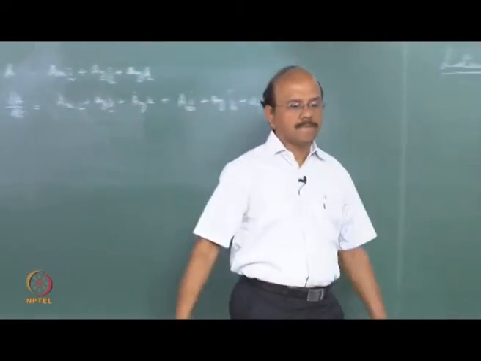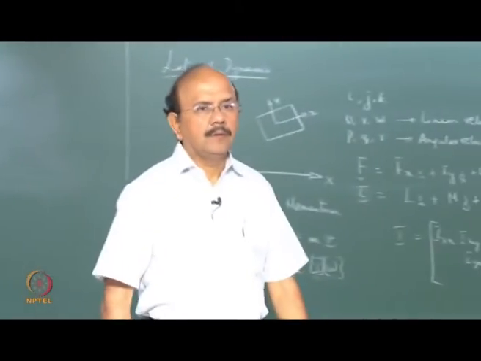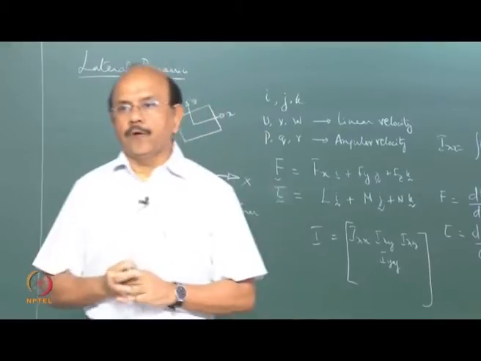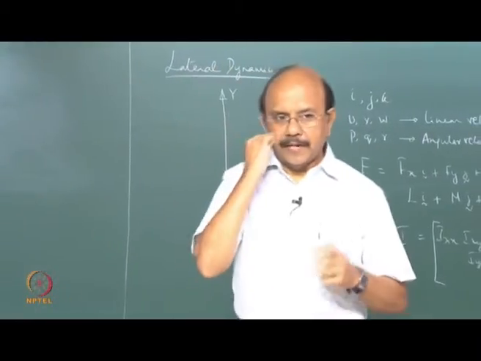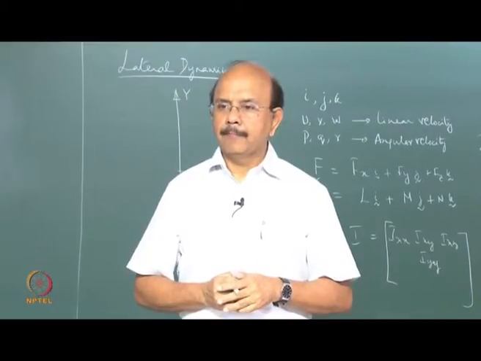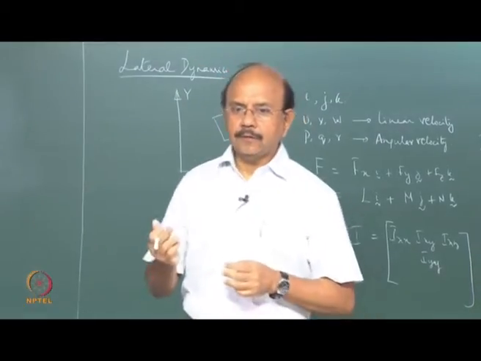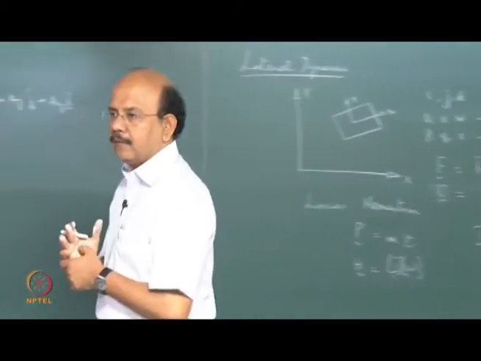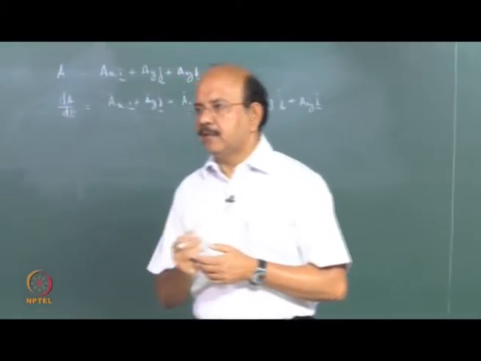Clear? All of you from fundamental dynamics know how to write i dot. How do I write i dot? i dot, j dot, and k dot. In other words, di by dt.